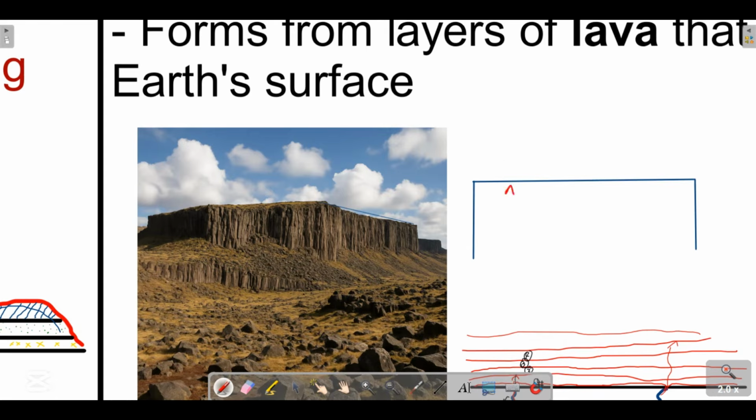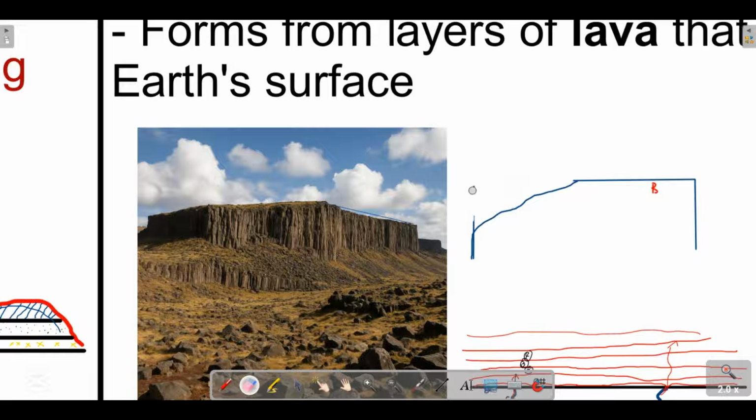So if this is A and that is B, and A has a lower resistance to erosion, then it's going to erode quite quickly. More of the material on A will be removed because it is a softer rock. So now it will look something like that. Okay, this is for unequal resistance to erosion.